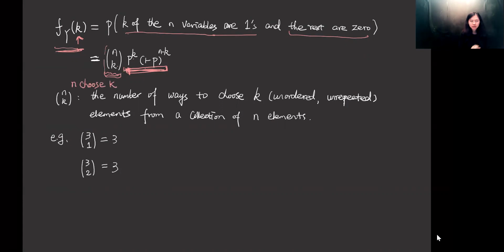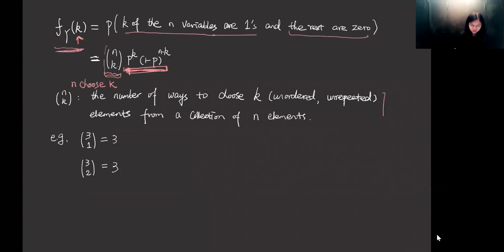It is the number of ways to choose k elements from a collection of n elements. In this particular example, the binomial example, it is the number of ways to choose k random variables and let them be successes and let the rest be failures from n trials.